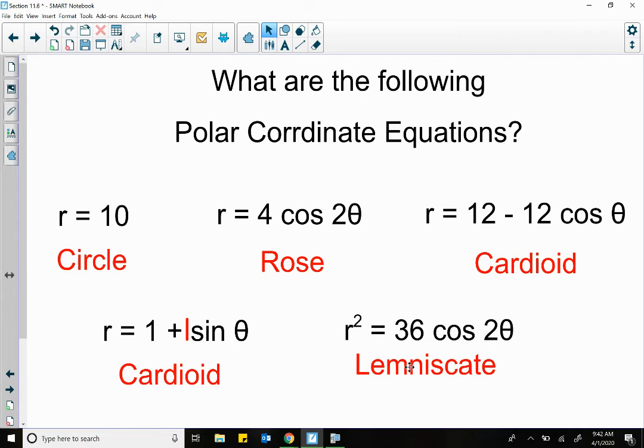They're going to say, here's an equation, tell me what it is, and then tell me what kind of graph it is. Any questions?